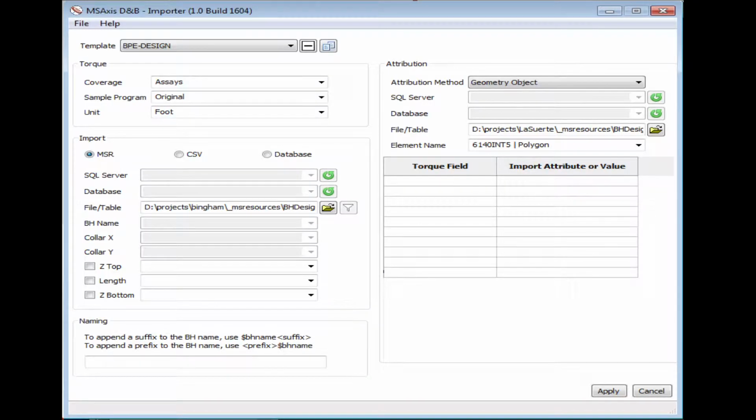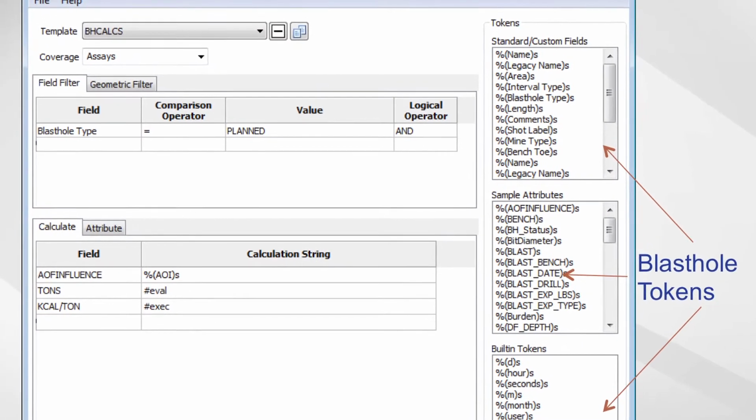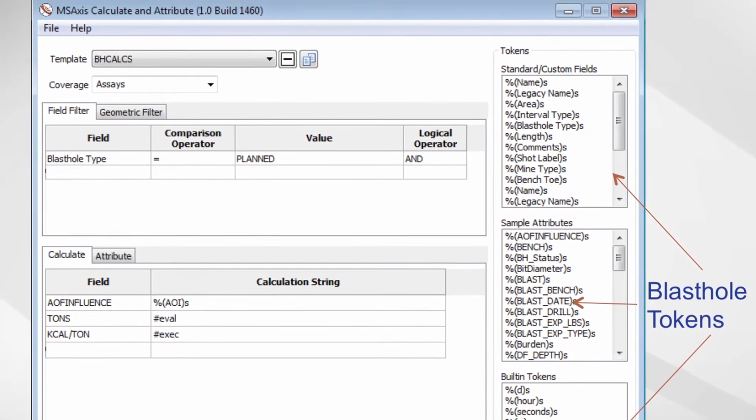MineSight Performance Manager integrates very closely with other tools within the MineSight suite. MineSight Axis is really the data gatherer, data modeler, data manipulator to provide that data to the MineSight Performance Manager.